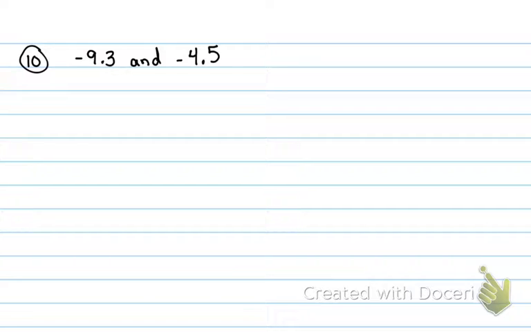Okay, so I'm going to start explaining this. Again, the number line is optional, but it does kind of give you a visual. All right, so here's 0. Where is negative 9.3 related to 0? To the left. Where is negative 4.5? To the left. So are these numbers on the same side of 0 or opposite sides of 0? Same.